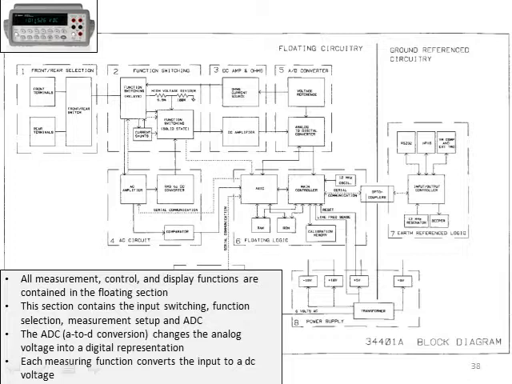So as I say in this block, all measurement, control, and display functions are contained in the floating section. We have an A to D, which changes the analog voltage into a digital representation, and then each measuring function converts the input to a DC representation.